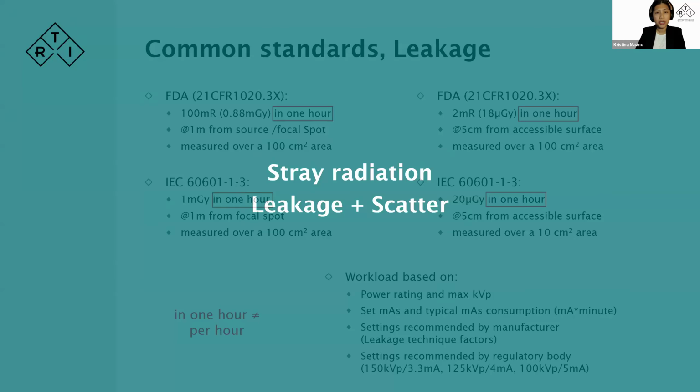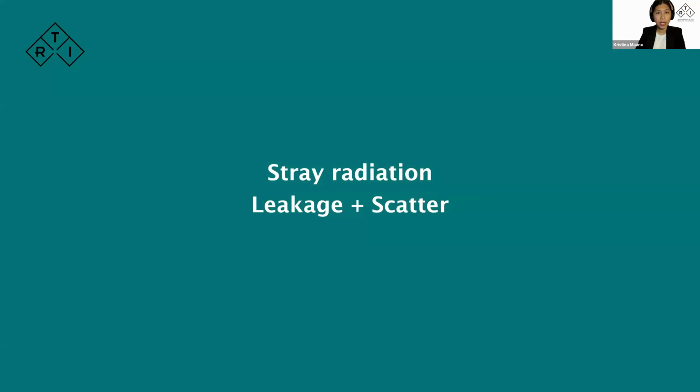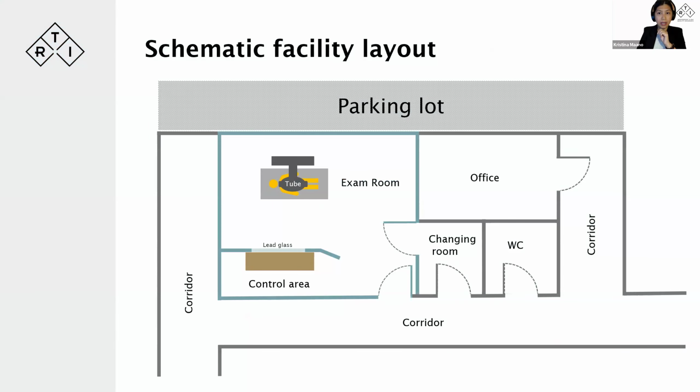All right, so now we mentioned again, going back to the topic, stray radiation is not just tube leakage, but also scatter. So we said that during a normal exposure, both the tube leakage and the scatter can be generated.